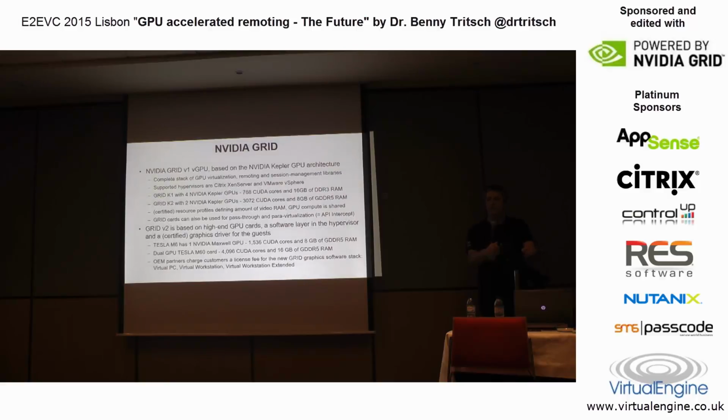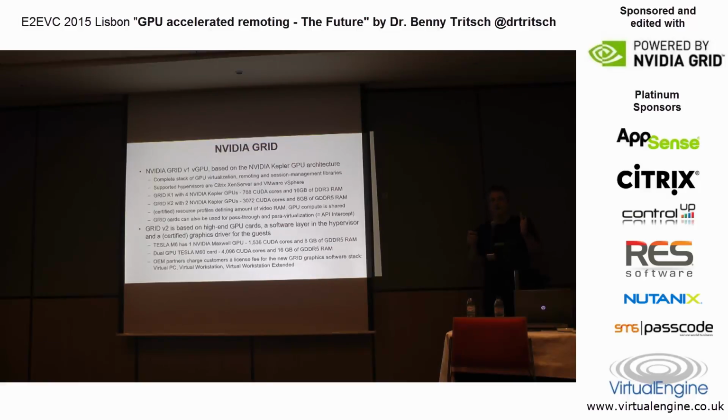Let's look at the Nvidia story first. You all know Grid V1. I think I presented it several times over here. I showed the comparison videos. So, like I said earlier, it is the idea that you have a shared GPU for multiple VMs, and you create profiles.